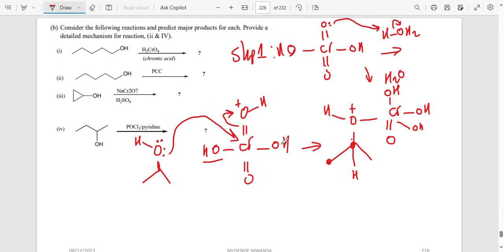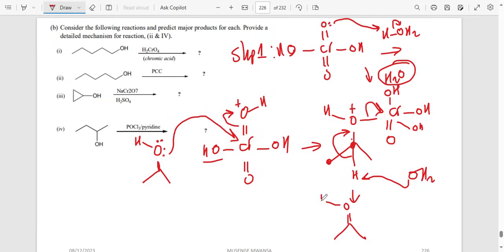Okay. So now we are going to have our base come in, and we can use even water. And remember, at this point we had water being produced. This water will come and grab this proton. The bond will break and form here, and when that happens, this bond will also break. So look at what you form. I formed a double bond here with oxygen, but then you have a hydrogen, so this guy is still positively charged.